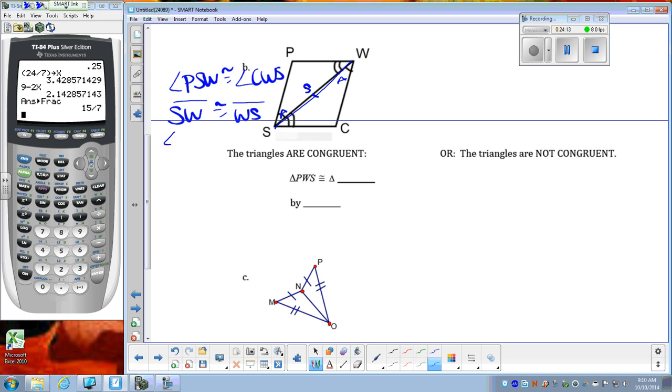And then I also know that angle PWS is congruent to angle CSW. So if I look right here, I know that these two triangles are congruent by angle, side, angle, because I have two angles and the included side. So PWS is congruent to CSW.